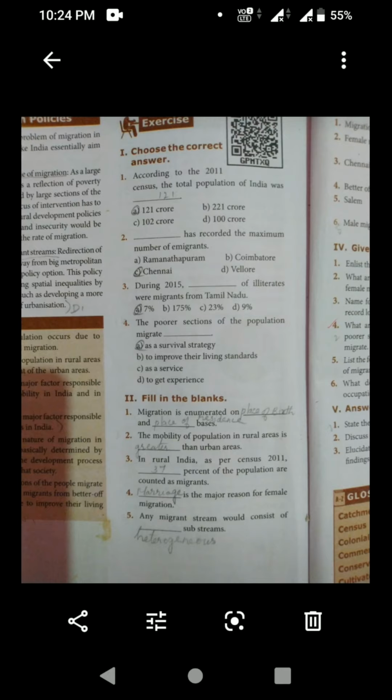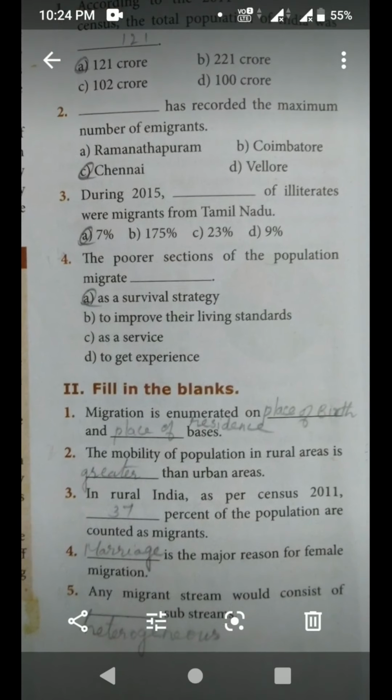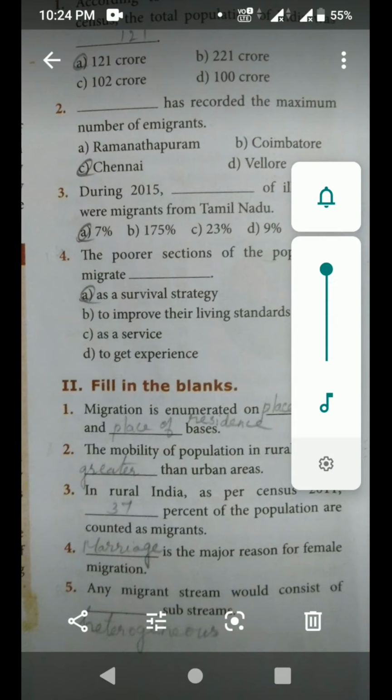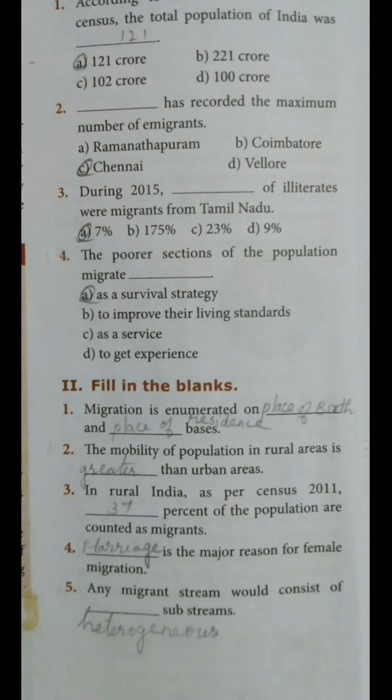Next, Roman number 2, fill in the blanks. First one, migration is enumerated on dash and dash basis: place of birth and place of residence. Second question, the mobility of population in rural areas is dash than urban areas. It is greater.